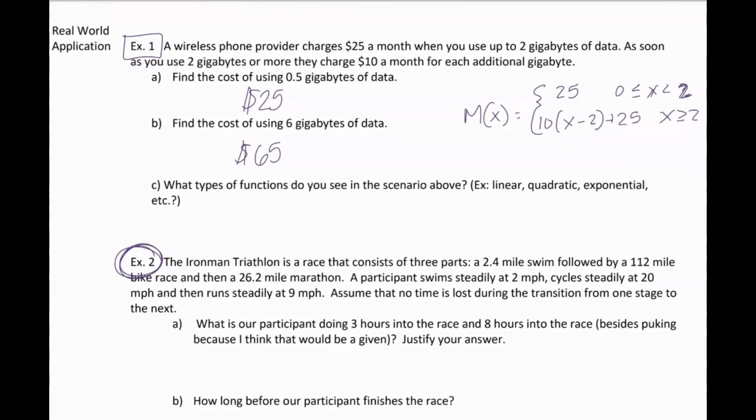And then it says, what types of functions do you see in the scenario above? What types of lines are these? Exponential. You would think so because it keeps going up and up. But if I'm looking at the only x that I have in these equations, is this x being squared?